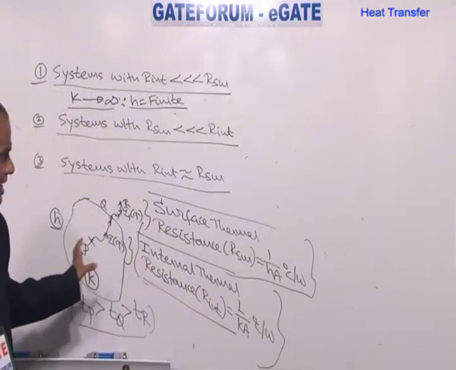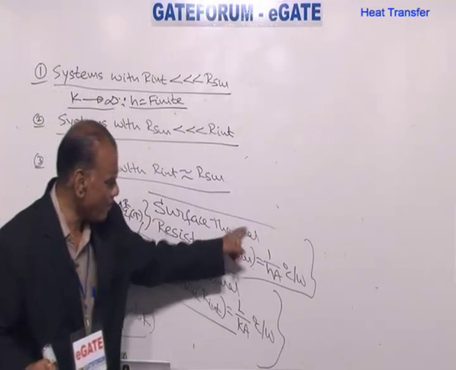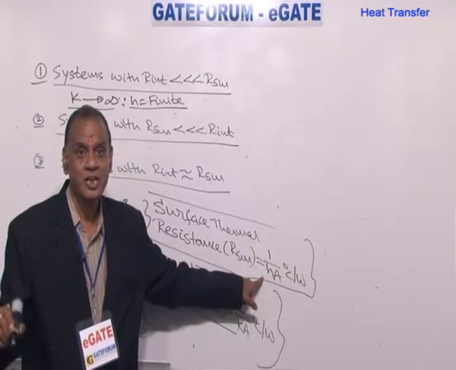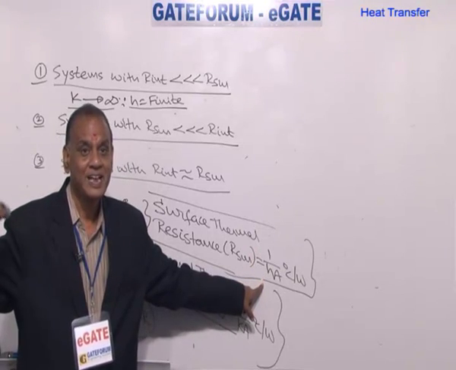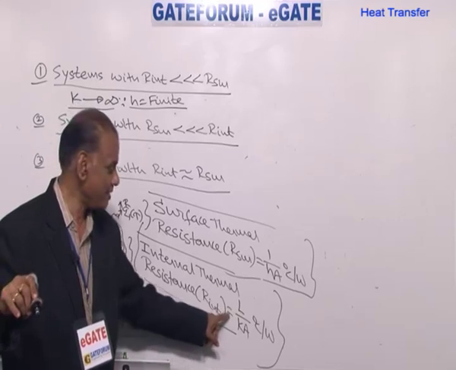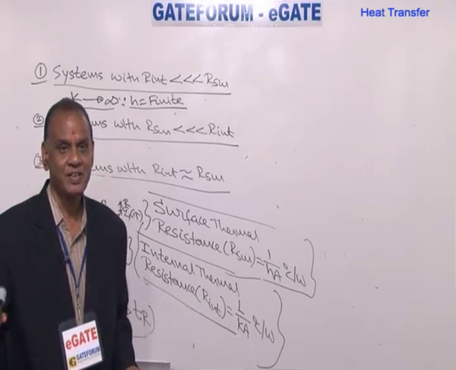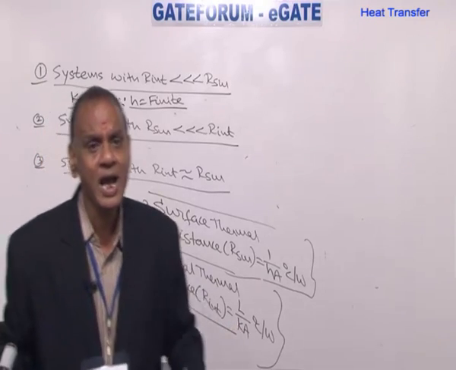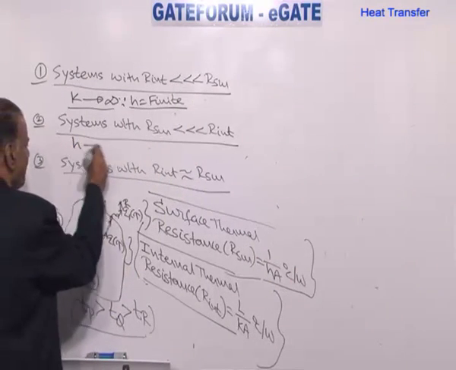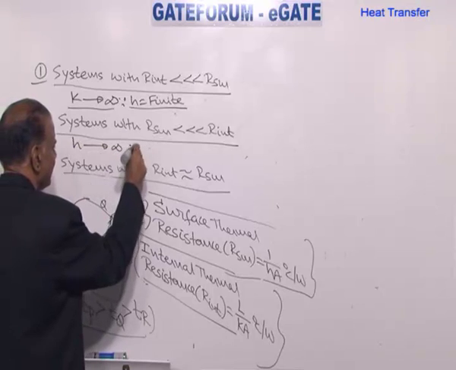Similarly, when you want to satisfy the second requirement, this must be very small. For that purpose, H must be very large. Theoretically, it should go up to infinity. At the same time, this must be big. That can happen when K is finite. Which means that for a system to have negligible surface resistance, H must be as much as possible, theoretically infinity.